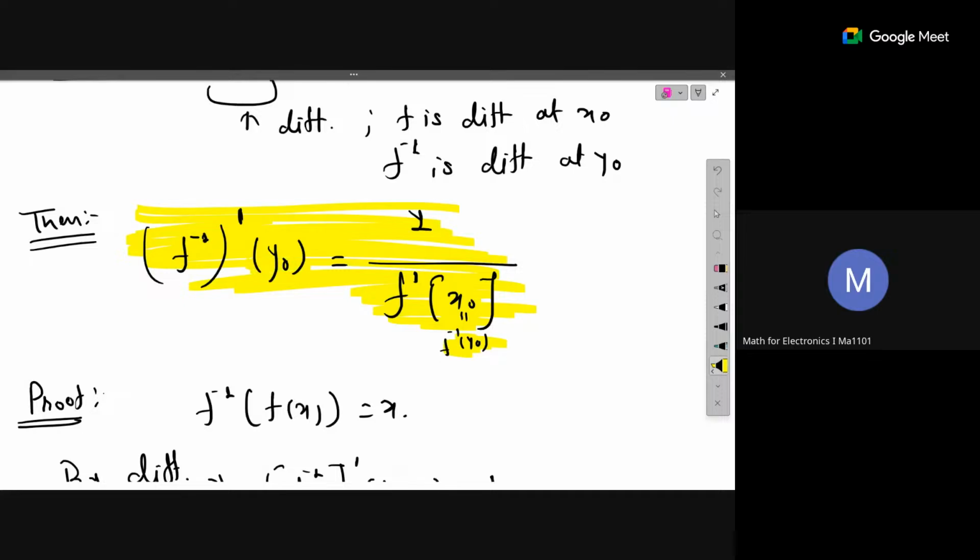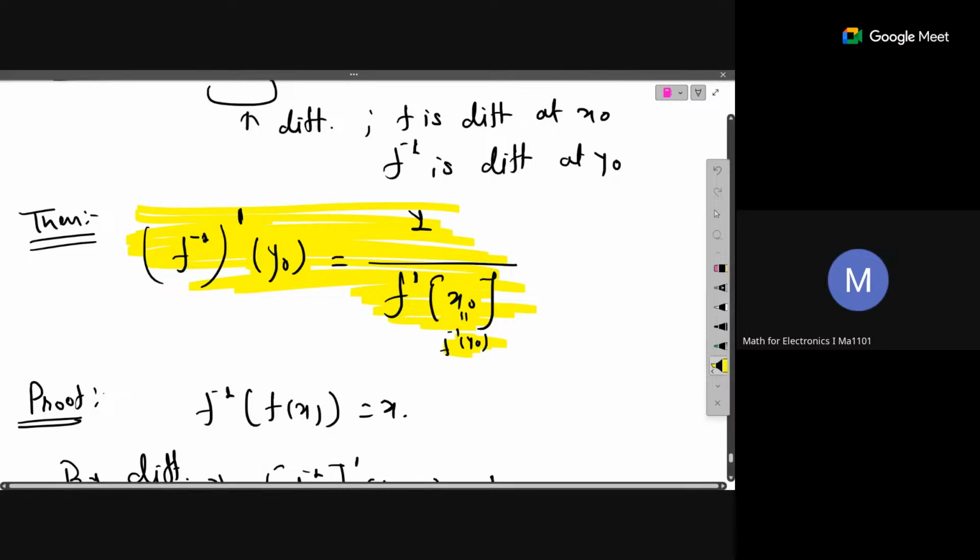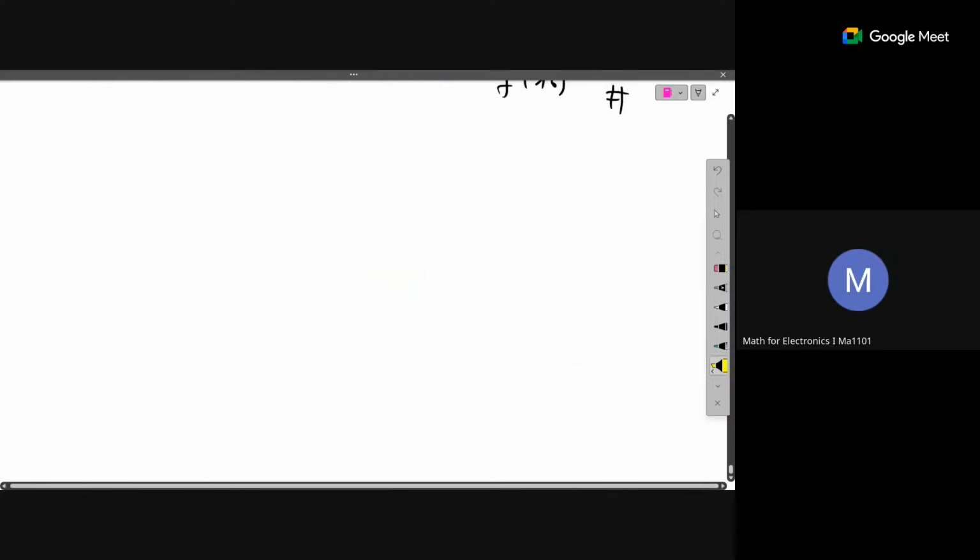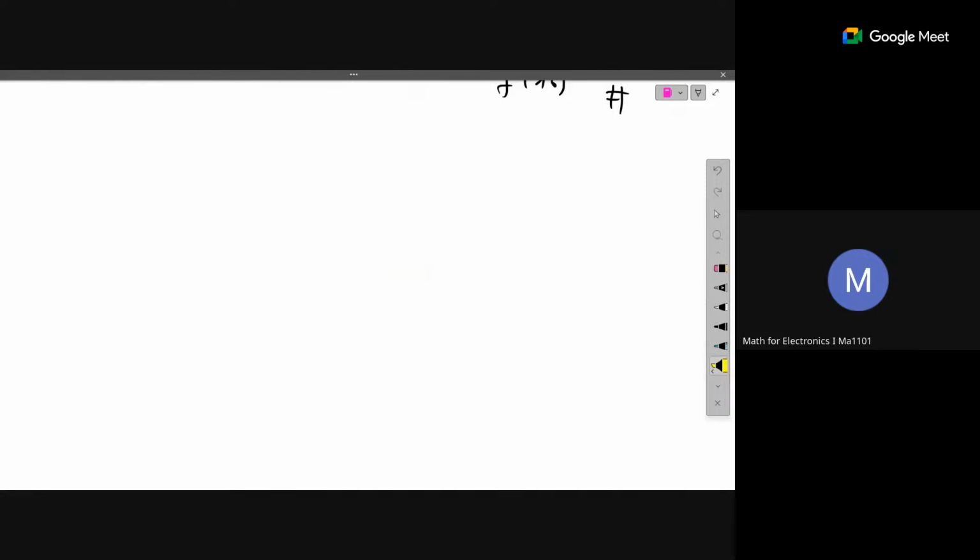Now let's try to solve some examples over this. One example only I'll take. So here, first you will calculate the inverse and then try to find the derivative using this particular formula. Okay. So this is one question to you. Suppose f of x is equal to (3x plus 5) upon (2x minus 7).